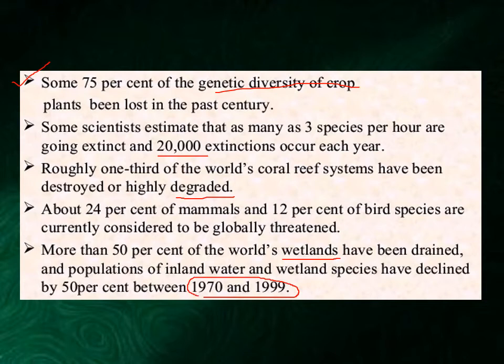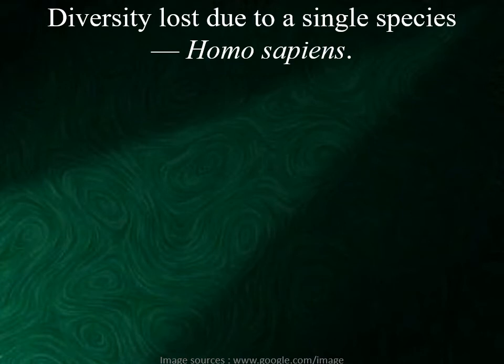So you can get an idea about the vastness of human civilized behavior, or you can say the cruelty of one biological species, and the effect of that cruelty is clearly observed within decades or within 100 years in the other biological species of the world. Diversity lost due to a single species, Homo sapiens.